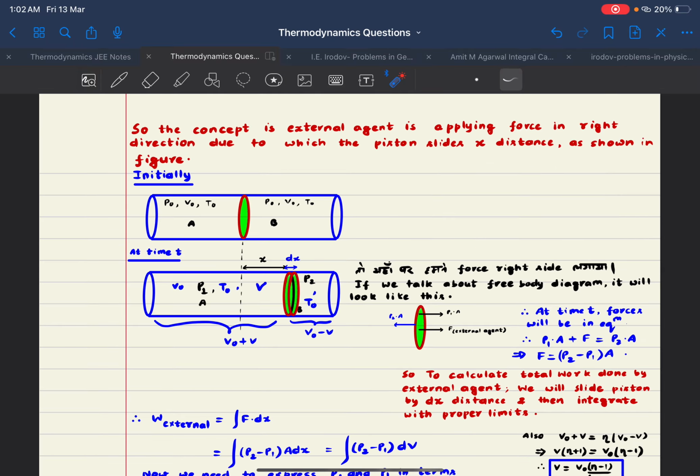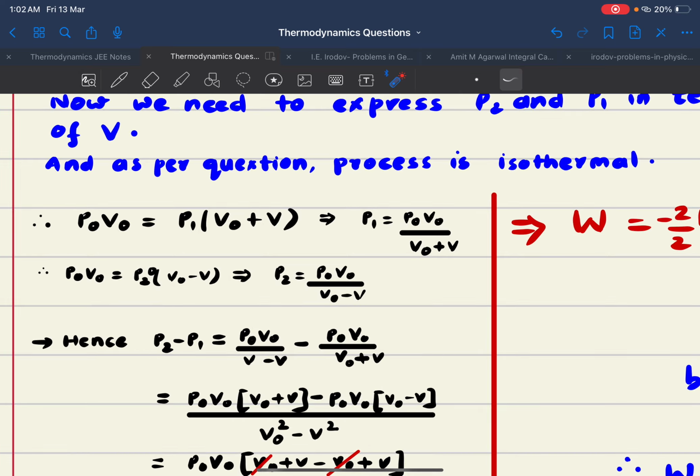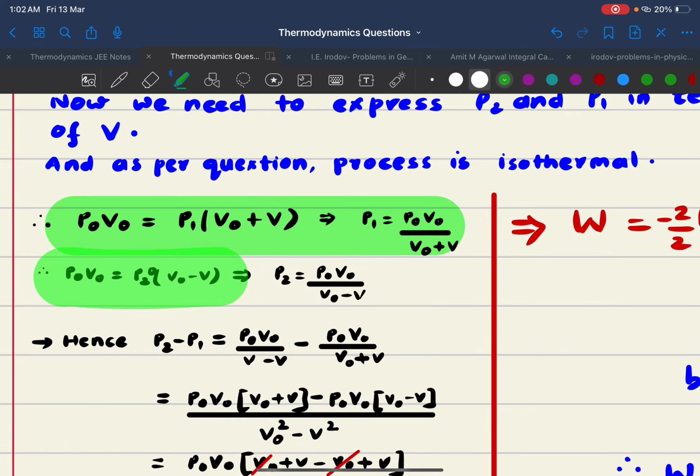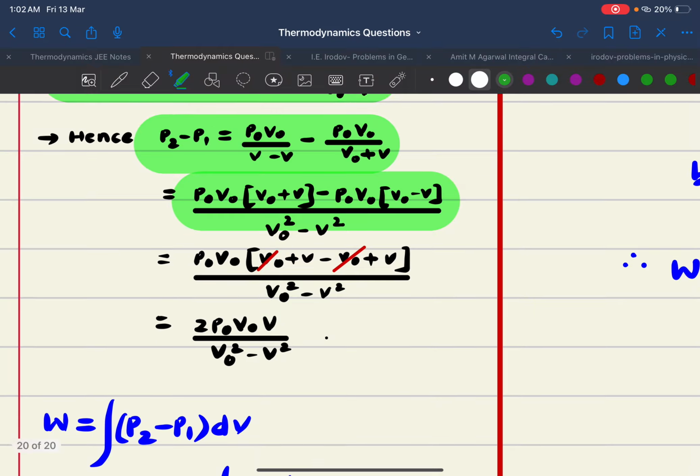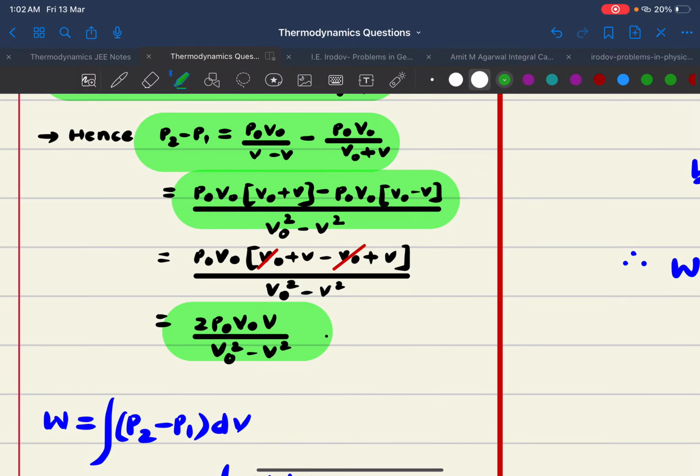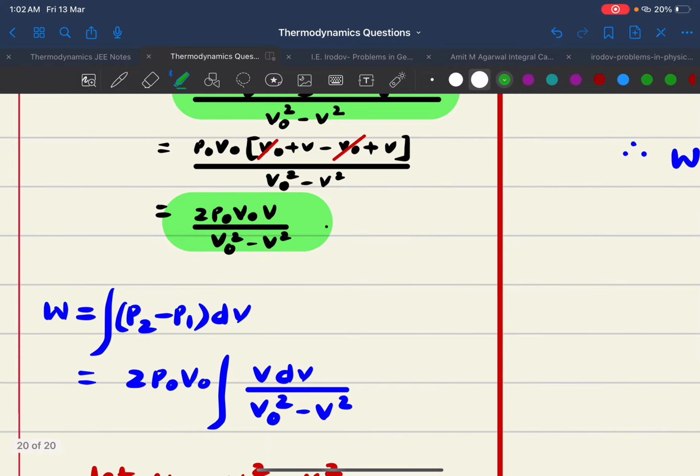Correct? So if you have understood, I have written the expression, and this too I have written. So we have got P2 and P1, and so P2 minus P1, after solving it you will get this expression, and then (P2 minus P1) into dV.